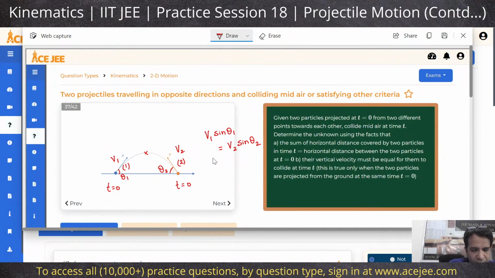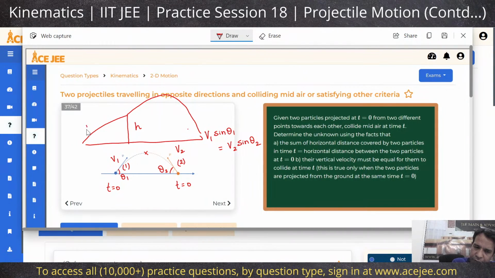Okay. So what about the scenario wherein one particle is actually climbing up, the other particle has gone to the peak and is coming down? Will it be true in that case? So once again, their vertical displacement is the same in the same amount of time. Then let's call it h instead of y. So what is the equation we have?